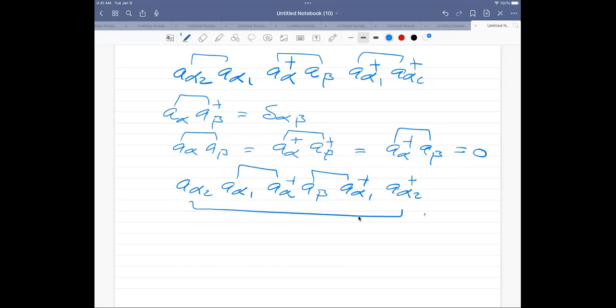So that gives us a delta alpha, alpha 1, a delta beta, alpha 1, and multiplied with a delta alpha 2, alpha 2 here. So that's one possibility because alpha 1 and alpha 2 are different. If I take a contraction between alpha 2 and alpha 1 here, that is automatically 0. So the only other possibility which survives is alpha 2, alpha 1, and then I have an A alpha dagger.